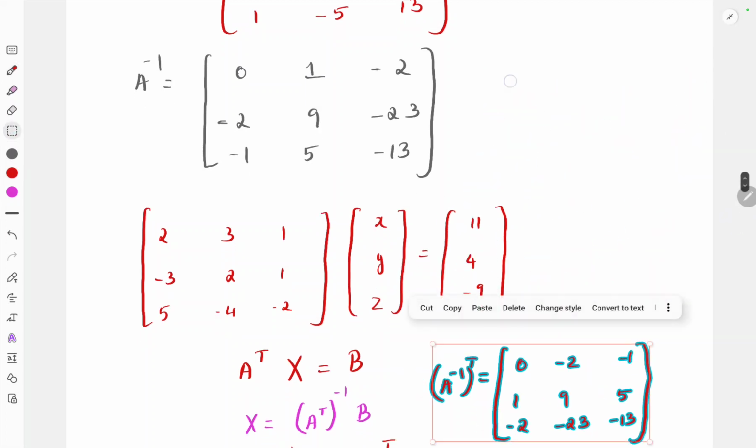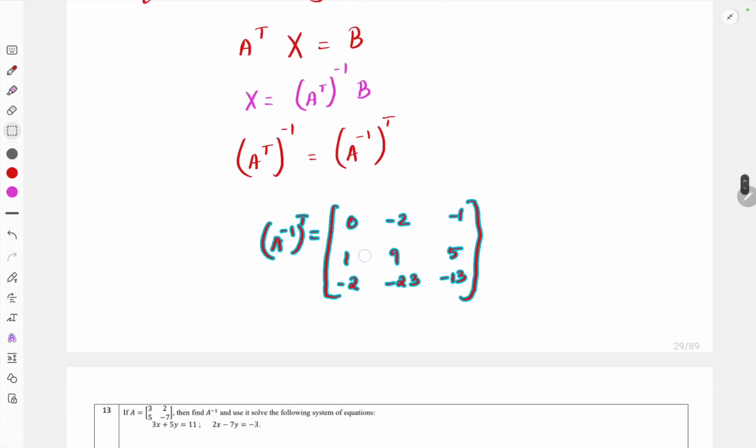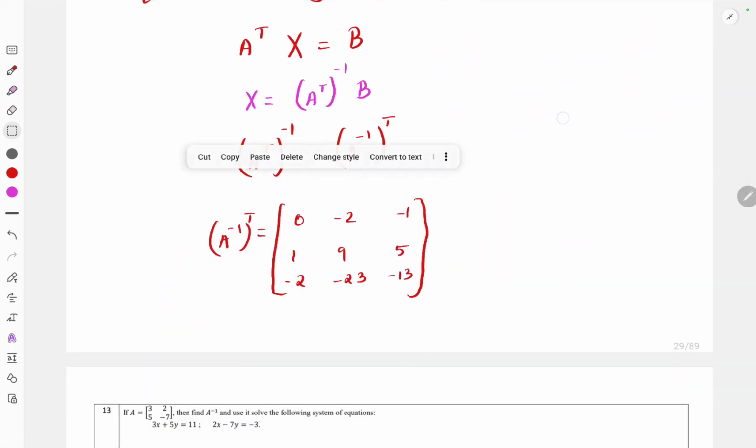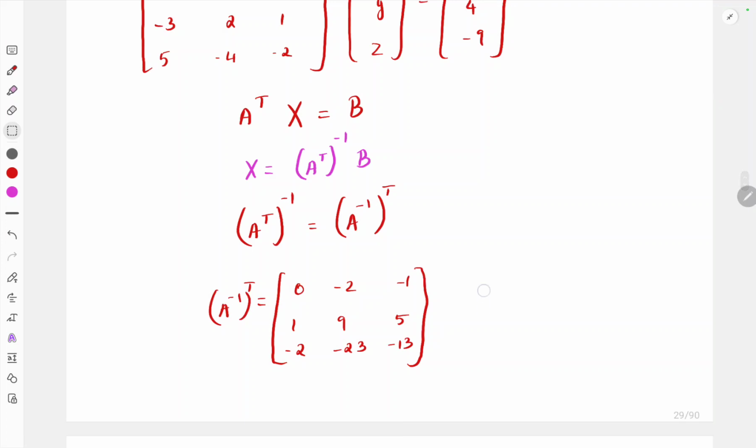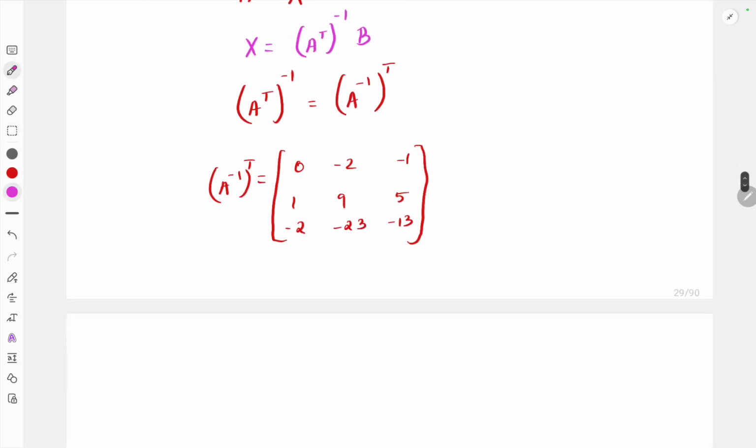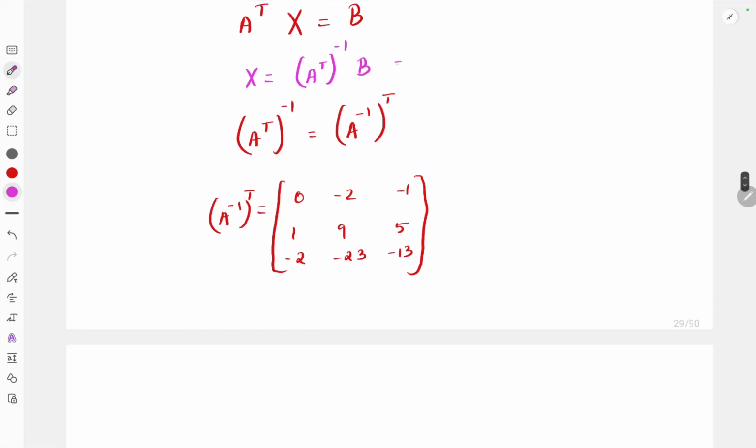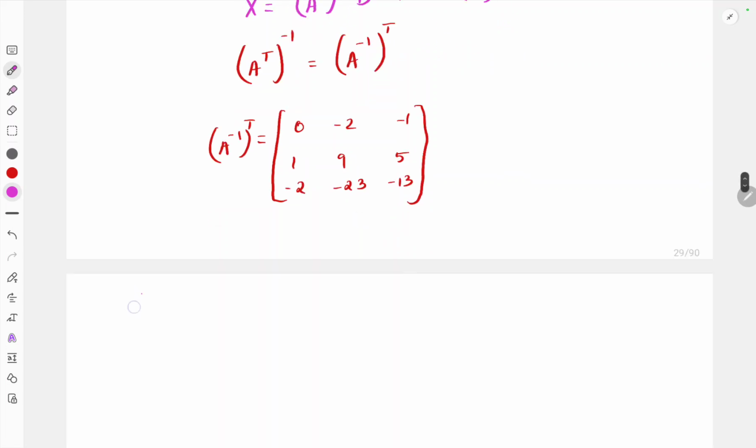So I will shift this here. Now this is the same as X equal to the transpose of A inverse into matrix B. So now X will be equal to this matrix.